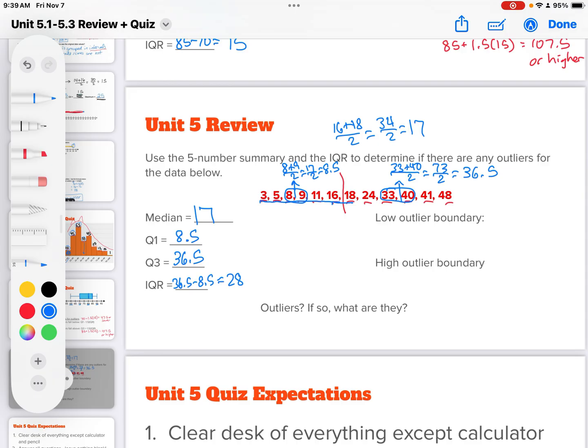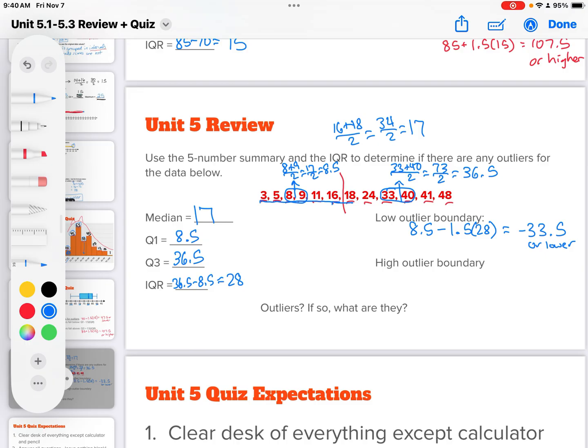For your low boundary, you take your Q1, so 8.5, and do minus 1.5 times the IQR. If I do 8.5 minus 1.5 times 28, I get negative 33.5 or lower. So there are definitely no outliers on the low end.